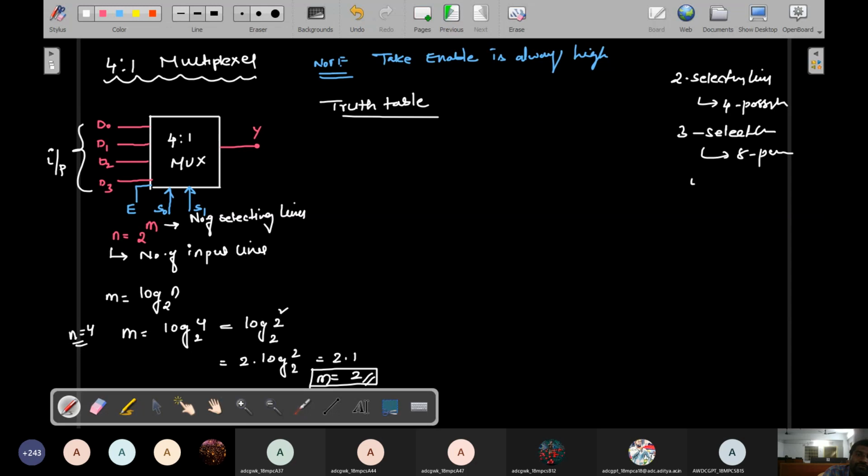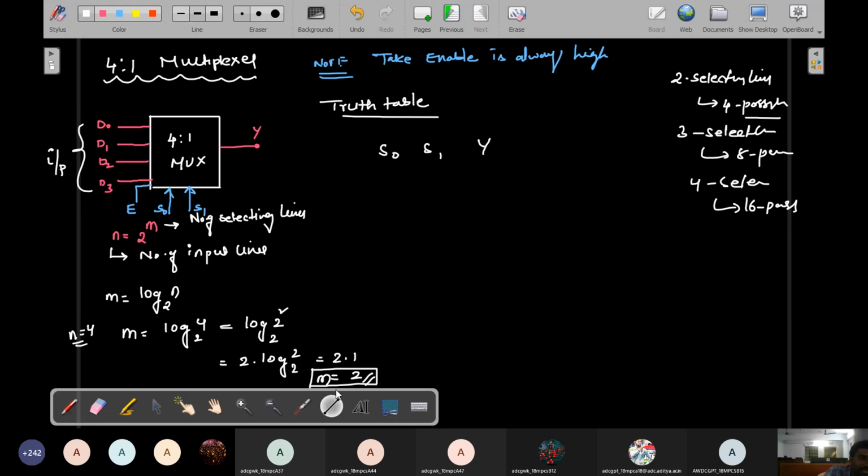If you have 4 selecting lines, you have 16 possibilities. Understand? Every time these possibilities will change. Here, two selecting lines give 4 possibilities. So I'll write S0, S1, and the output.